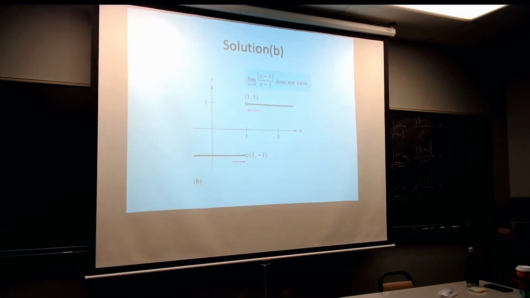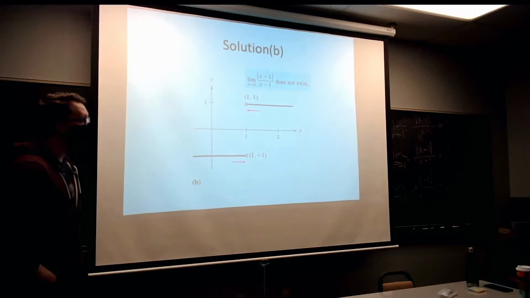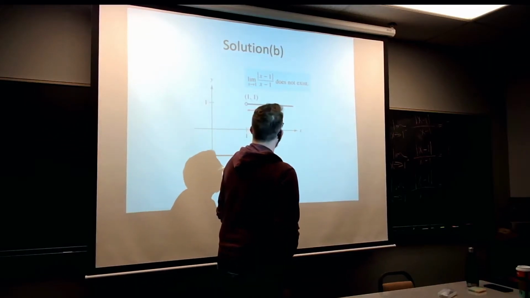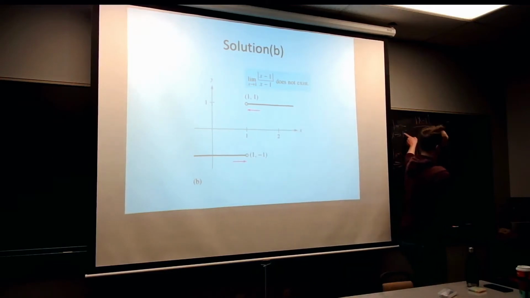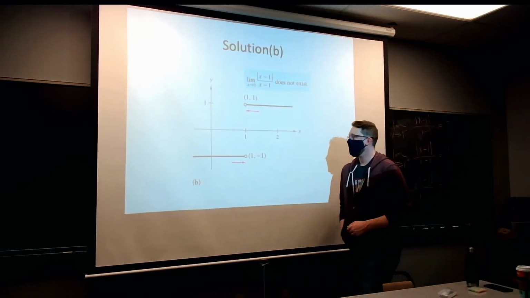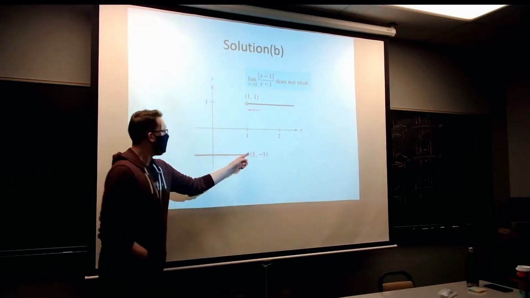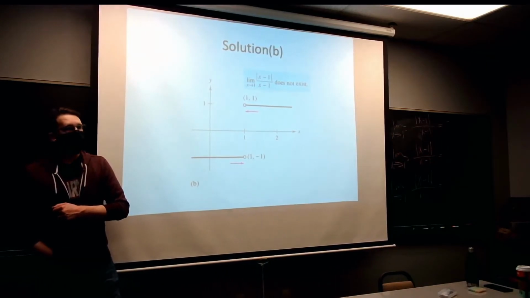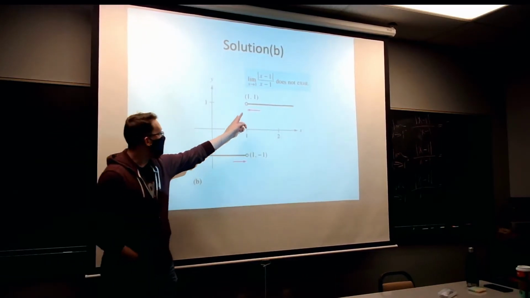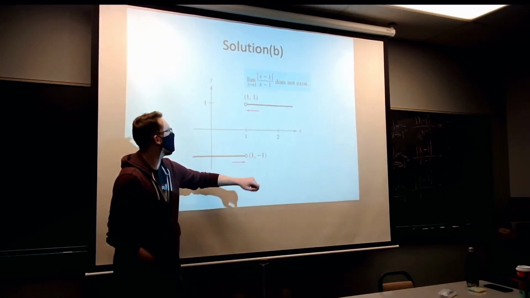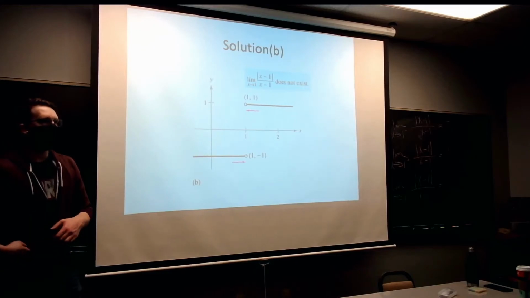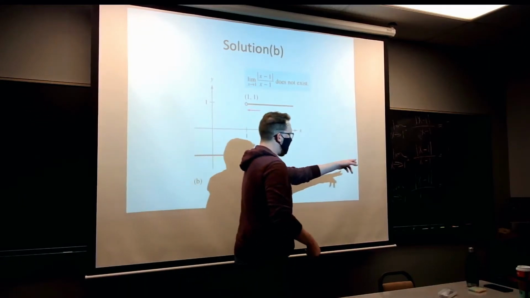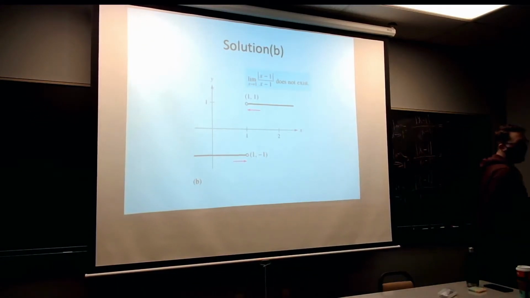And the reason why is because the first two limits don't agree. Coming at it from the left, we're going to get close to -1. Coming at it from the right, we're going to get close to 1. But because they don't agree, like I said, the limit does not exist.